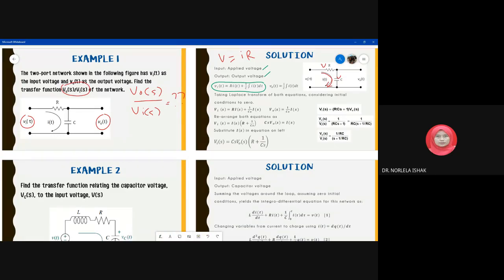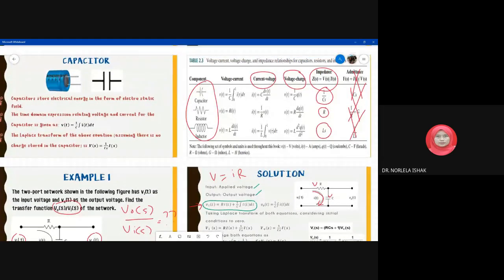This equation you can see from our table. So now I want to show the relationship between voltage and current. We want to define VR, VC, and the total voltage here.